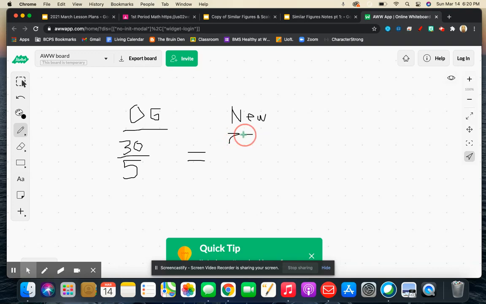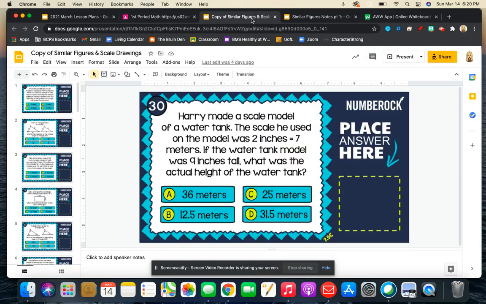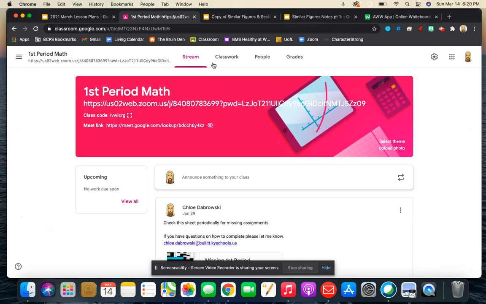Those should be across from each other. And we can cross multiply and divide to solve for x. So 75 times 5 is 375, divided by 30 gives us an x value of 12.5.